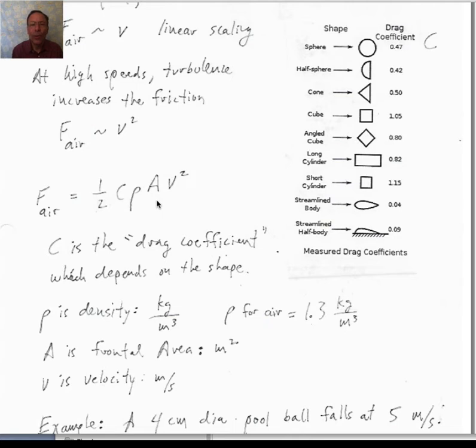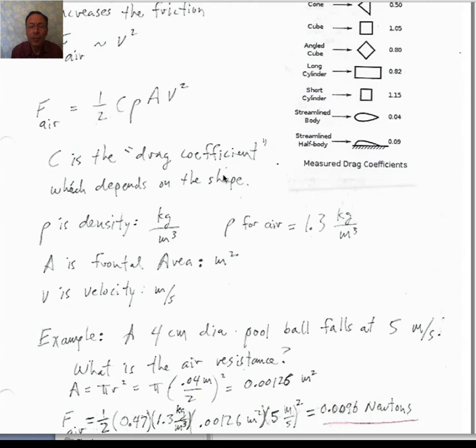To figure that out, you need to look at your car from the front, like the car is heading towards you, and figure out from that perspective what is the area of the front grille, the windshield, and so on. And then here's the velocity, which gets squared. I mean, we're talking about cars, so they go pretty fast. And so there you go.